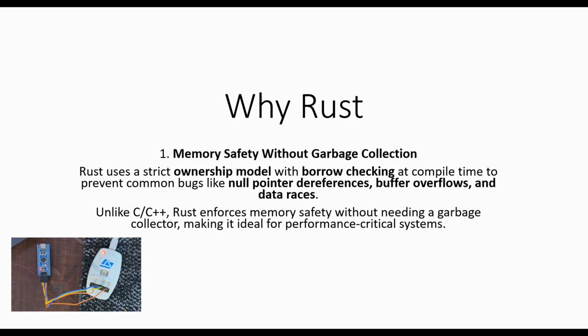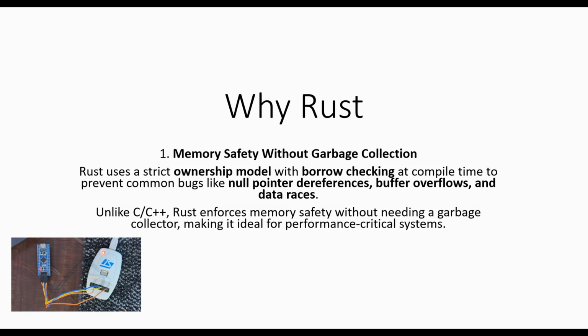Consider the case of C language: we take a variable int a equals 10, and another variable int b equals a. In that case, both a and b get the value 10, but in Rust, it will give you an error saying that ownership of a has expired.